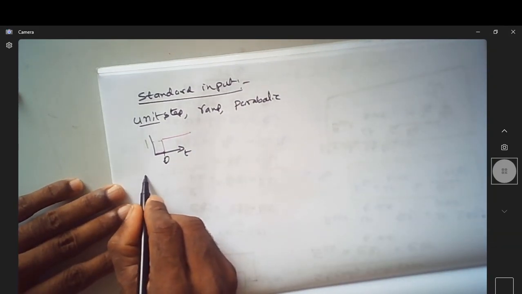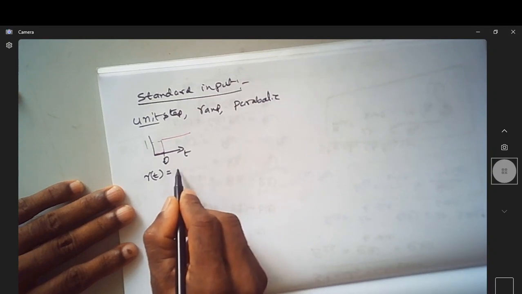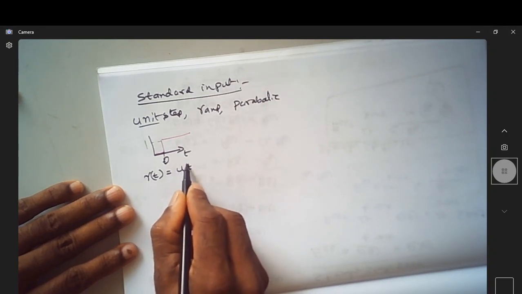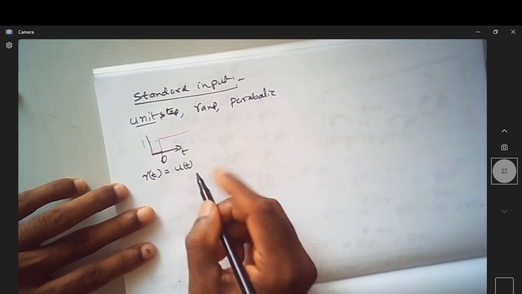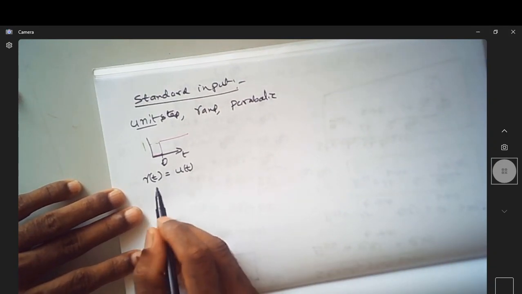Sorry for the inconvenience. So this r(t) will be u(t), and u(t) is equal to 1 for t greater than or equal to 0.